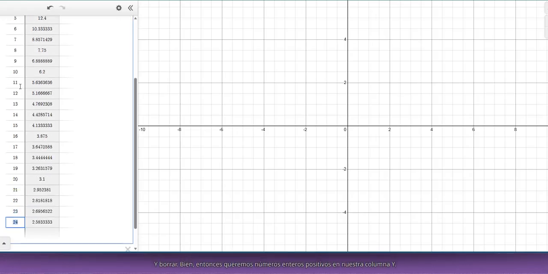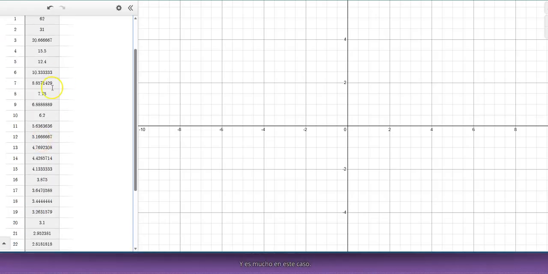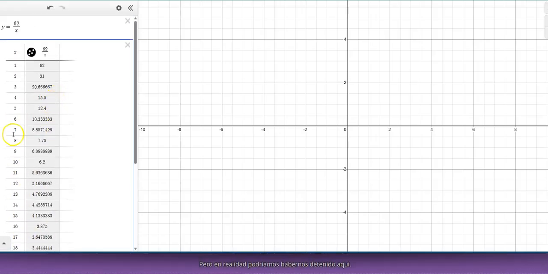And it's a lot in this case. But we actually could have stopped way back here, because you'll notice that we are no longer getting whole numbers. So when things start to wrap back around, we know that we're going to keep it. So in this case, it's only 162 and 2 and 31.